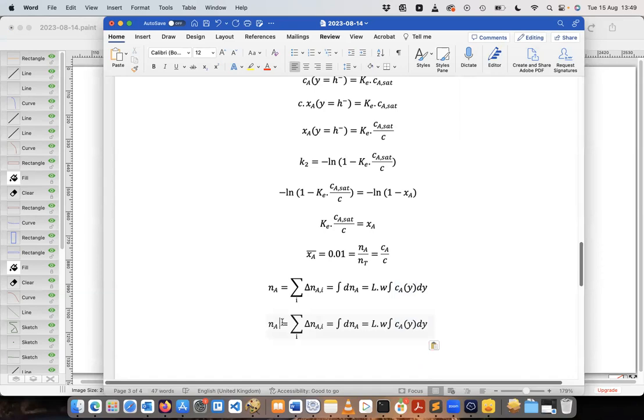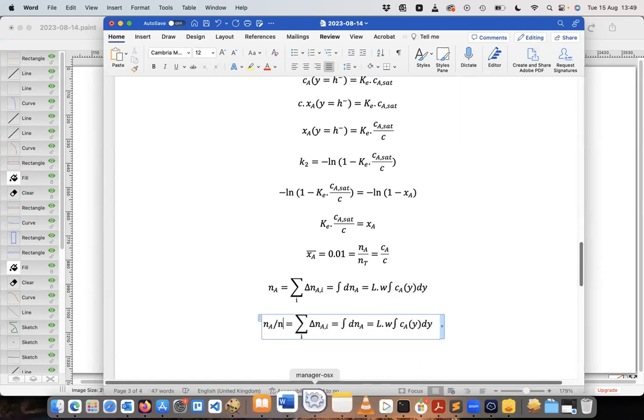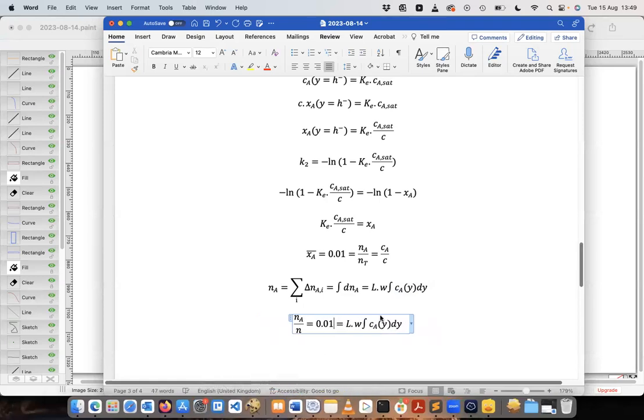Na over N equals 0.01, and that's equal to this entire integral. So now we have our criterion. Well, here we need to divide by the total number of moles as well, so divided by N. So that's our criterion.